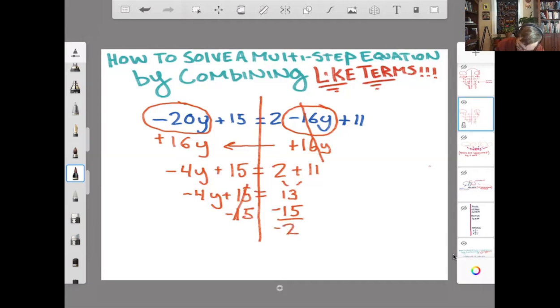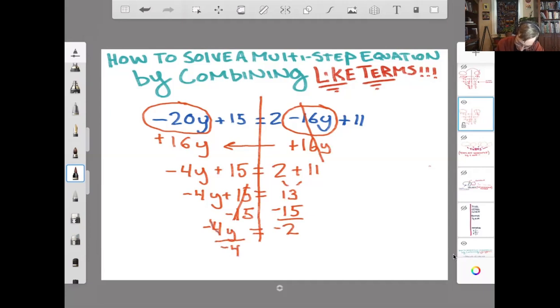So the new problem becomes negative 4y equals negative 2. So how do you get rid of negative 4 times y? You do the opposite. The opposite of negative 4 times y is to divide.